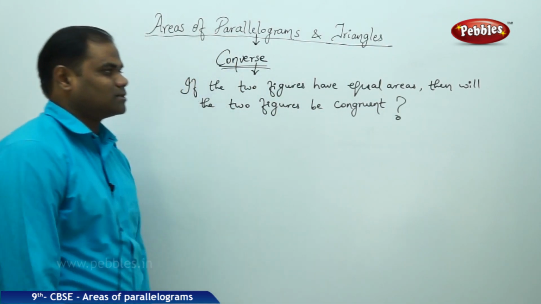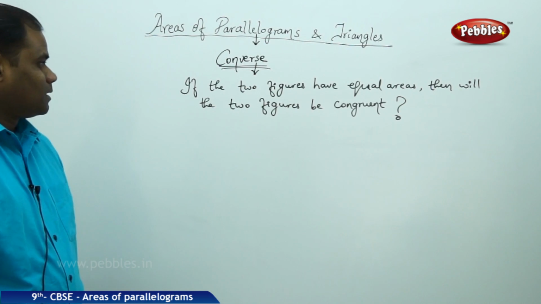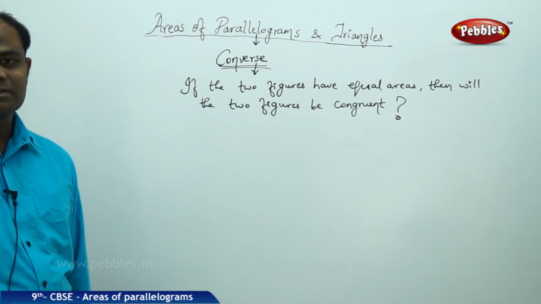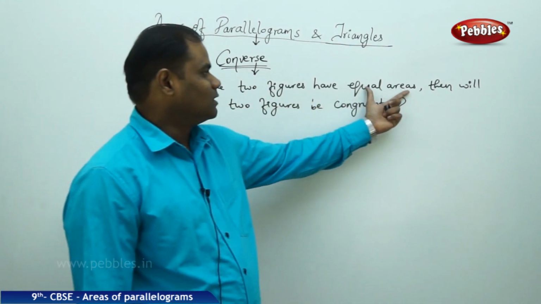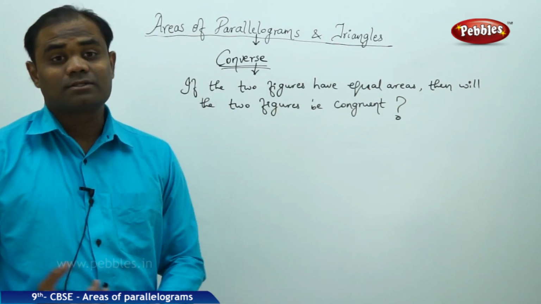That is the biggest question here. So let's investigate this. If the two figures have equal areas, then will the two figures be congruent?